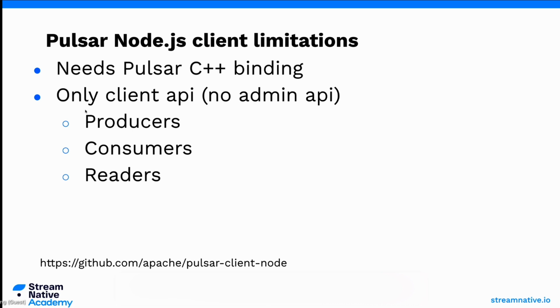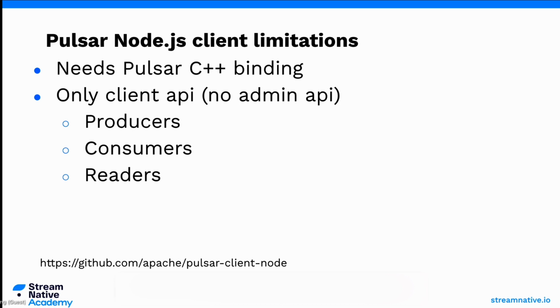The other thing is Node.js is community supported. We maintain it now, but a lot of it is contributed by the community, right? So right now it only supports the client API. There's no admin API, so you cannot create a namespace.